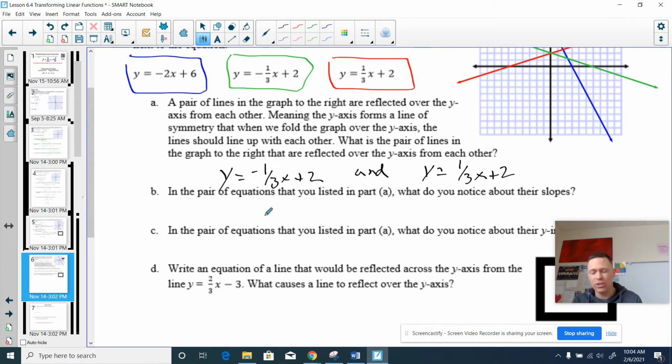So in the pair of equations I listed in part A, what do you notice about their slopes? Slopes are opposites, right? One's positive 1/3 and one's negative 1/3, so opposites.